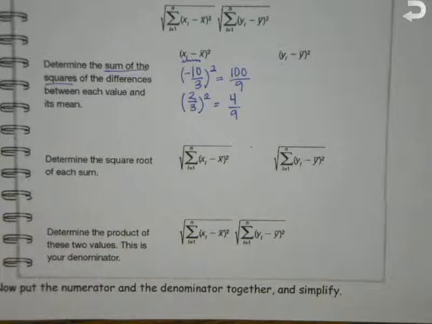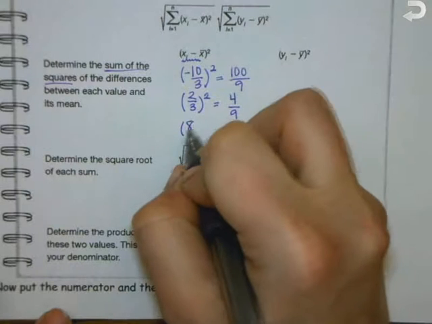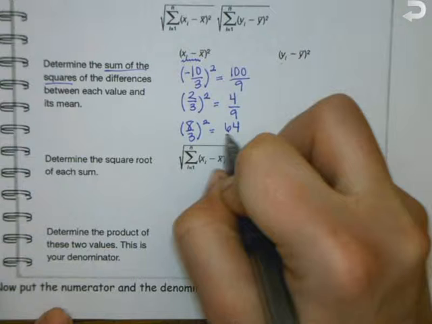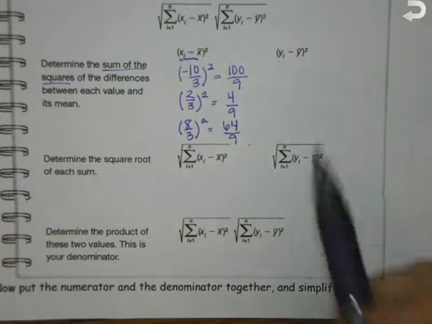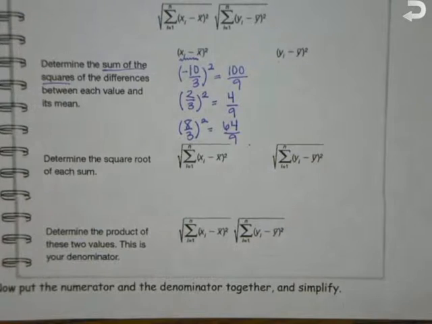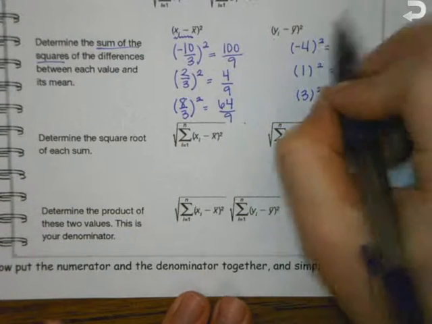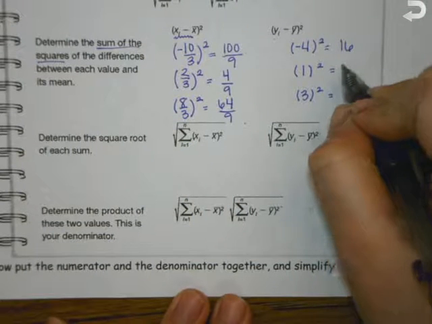And then the last one would be 8 over 3 squared, which comes out to 64 over 9. Okay. Will you guys do that for the y values for me? Okay, so for the y's, what did you guys get for negative 4 squared? Good, 16. What about 1 squared? 1. And 3 squared? 9.